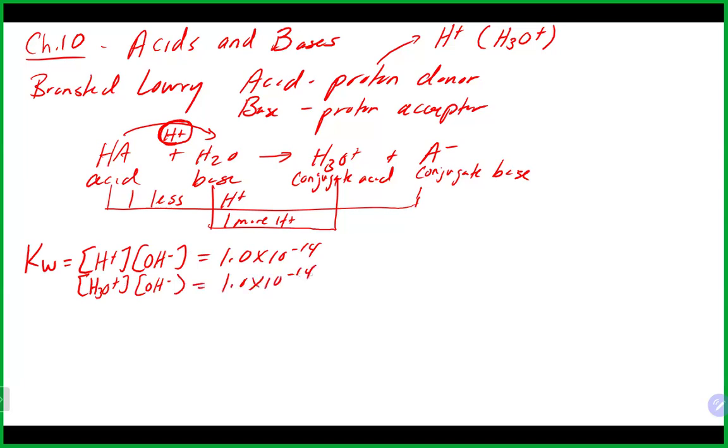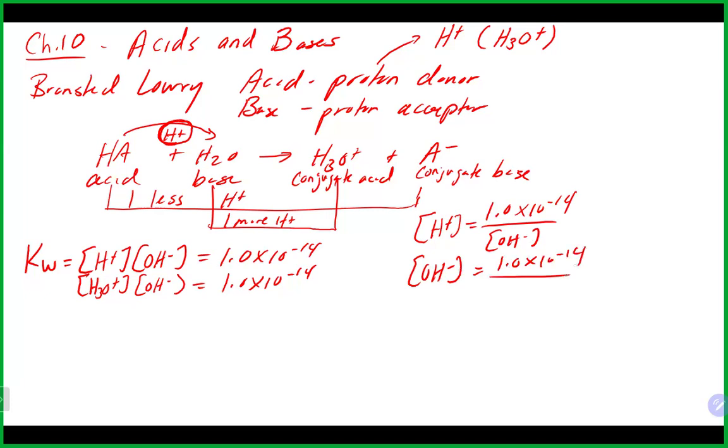So we could use this if we know either the H plus concentration or the OH minus concentration, which would be 1 times 10 to the minus 14 divided by the OH minus. Or if we want the OH minus and we know the H plus concentration, we can do the same calculation.